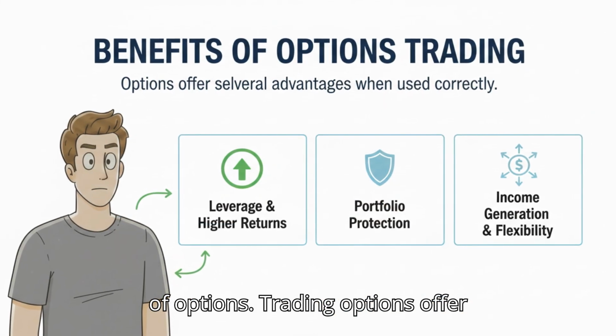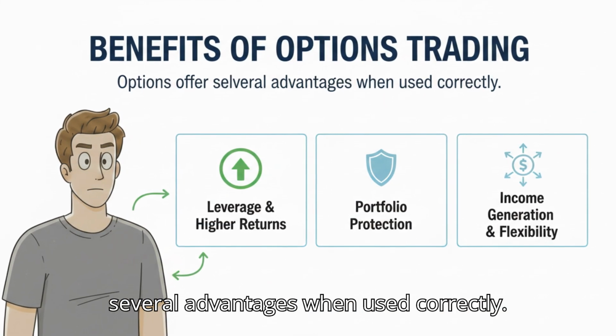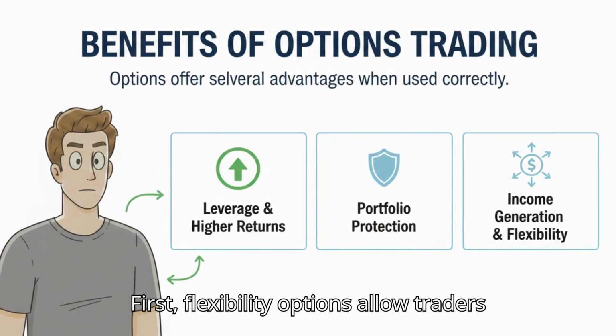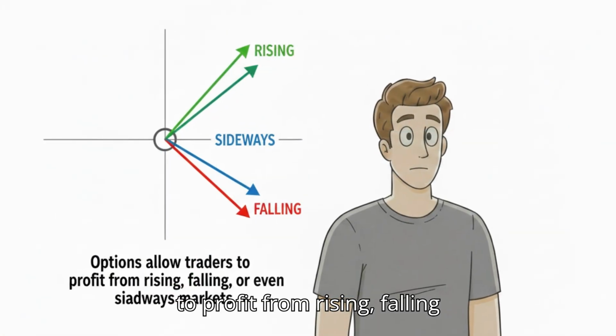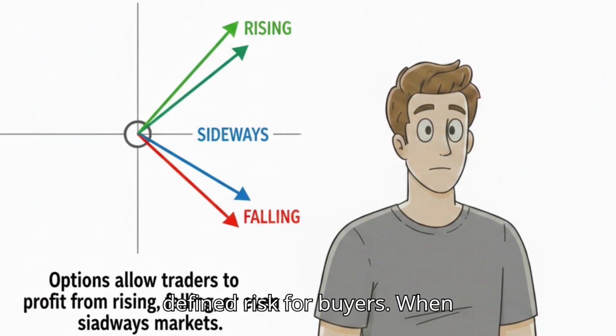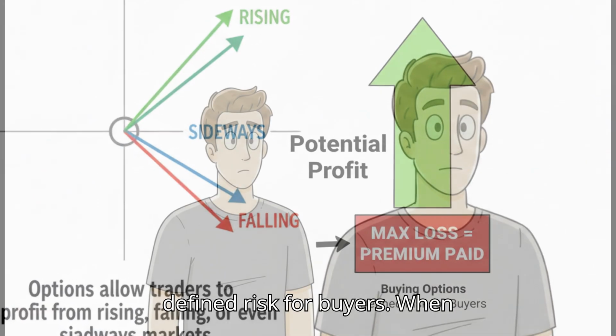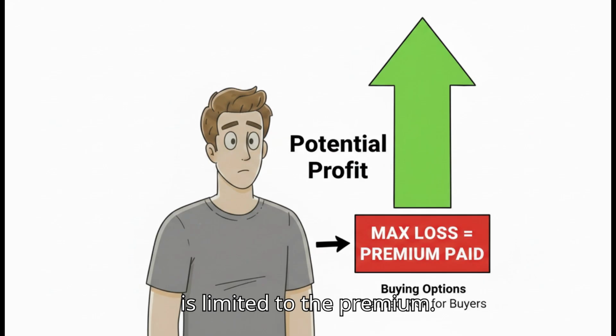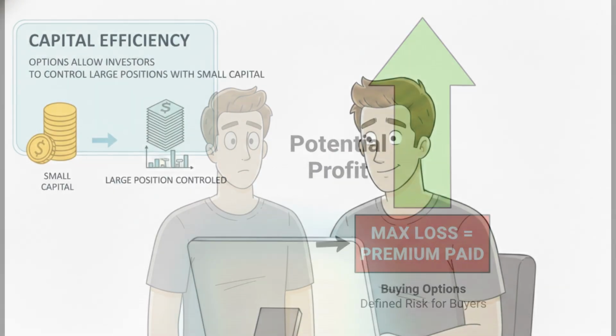Benefits of options trading. Options offer several advantages when used correctly. First, flexibility. Options allow traders to profit from rising, falling, or even sideways markets. Second, defined risk for buyers. When buying options, the maximum loss is limited to the premium paid.